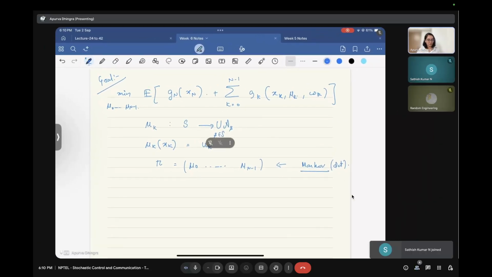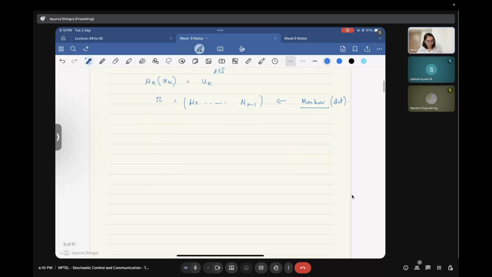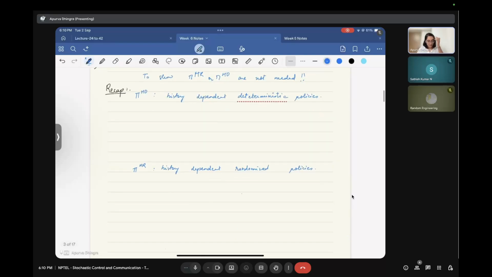Just notice I am using the word strategy interchangeably with policy. That's all I'm doing here, nothing more. So there are other types of policies, right? There are history dependent policies, or there are history dependent randomized policies. We have already seen what these are. We even saw examples of these in the lectures and in the tutorials. So let's just take a quick recap of that.